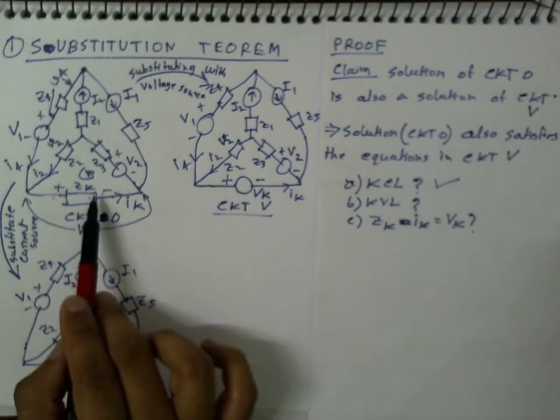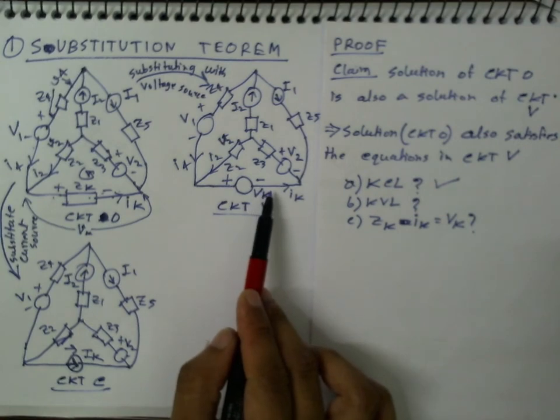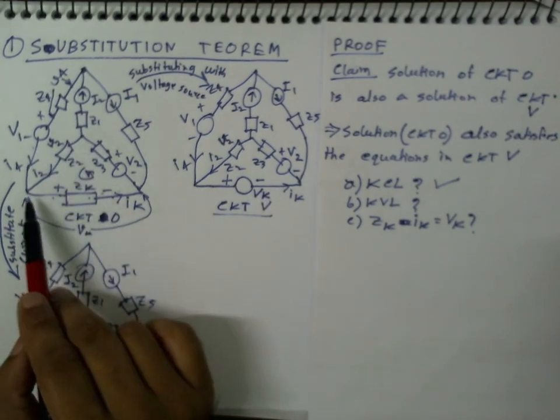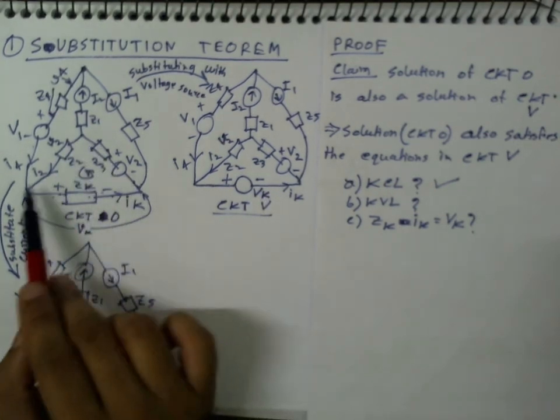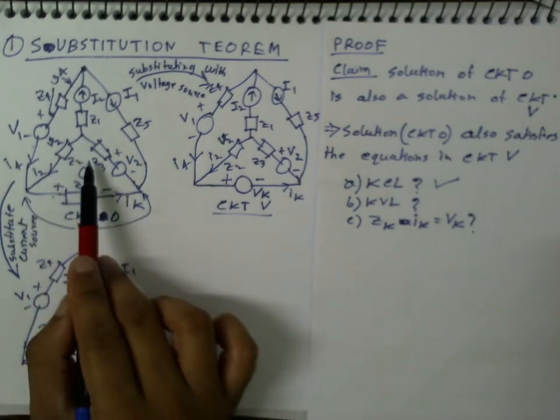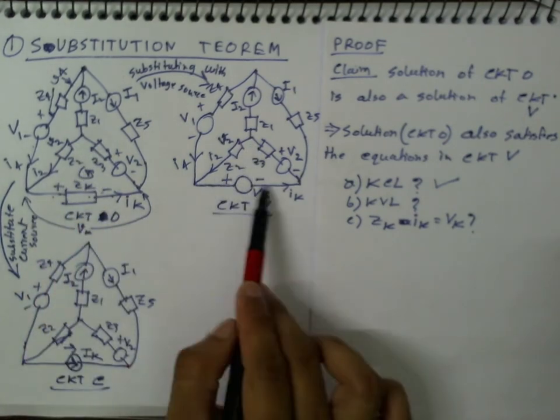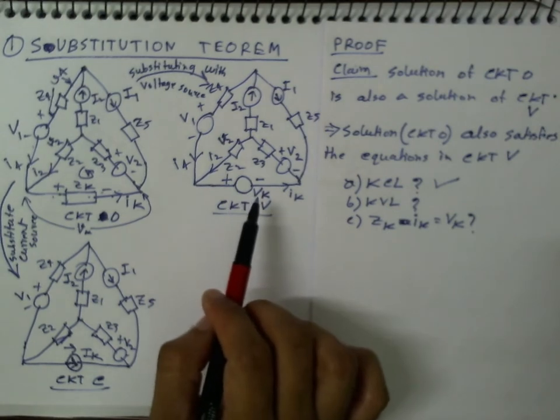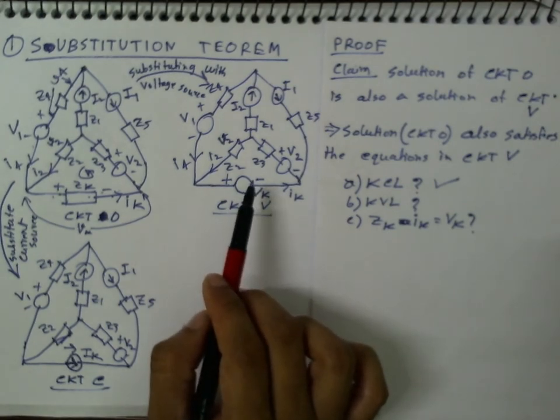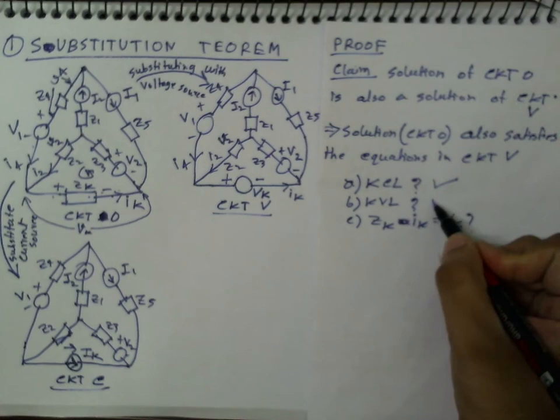So this voltage and this voltage are the same. So definitely if these three voltages were summing up to 0 here, then the sum of this plus this voltage is again 0. So KVL is also satisfied here. So no doubt KVL is satisfied.